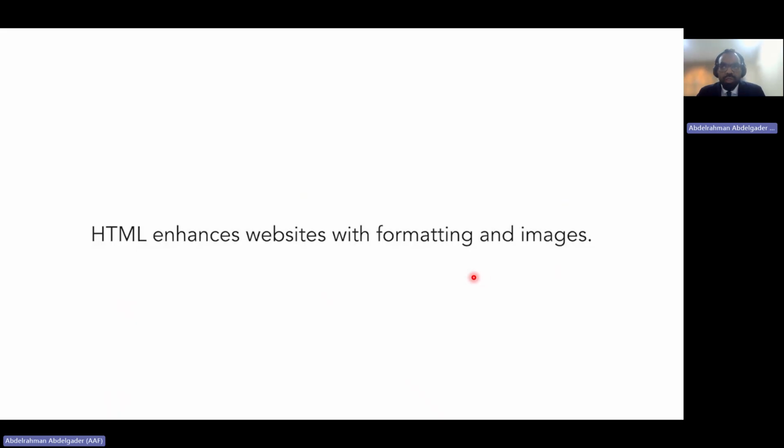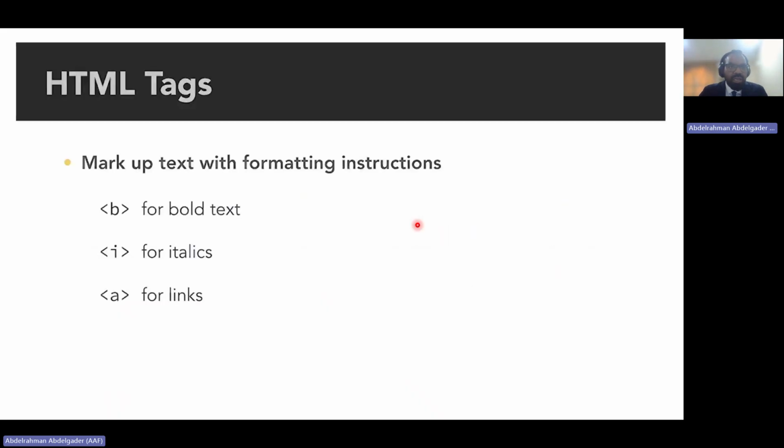First of all, usually we use HTML, or hypertext markup language, to enhance the appearance, formatting, and the use of images in our web applications or websites. HTML works by the tags concept. For example, we can have a tag like B for bolding text, I for italics, and A for hyperlinks.